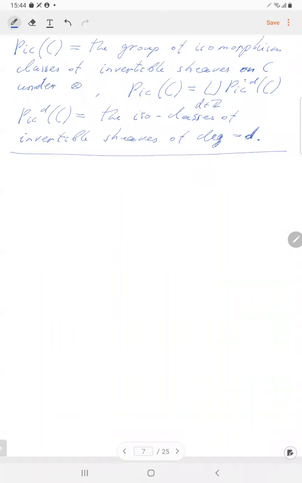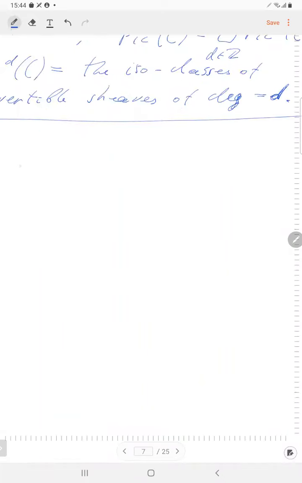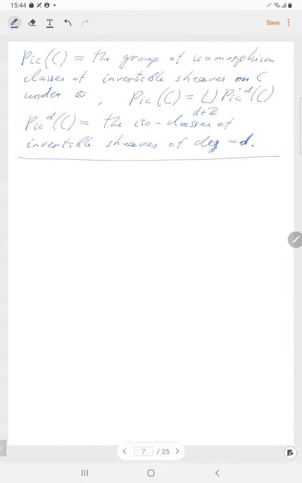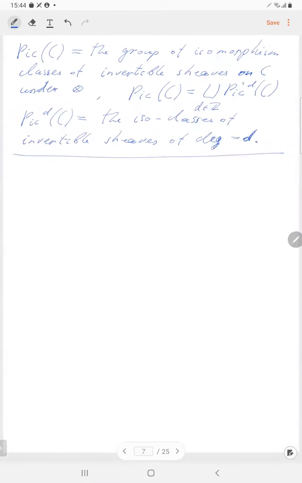Now let me state the next lemma. It's about global sections of line bundles, or invertible sheaves, and in fact we'll study this for a long time with some deviations, essentially through the spring.